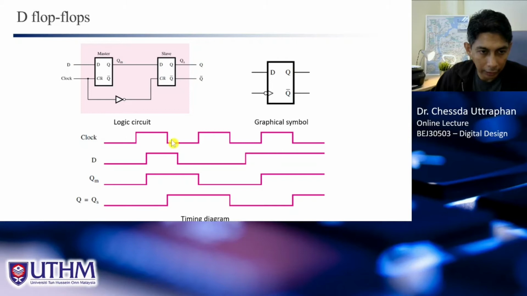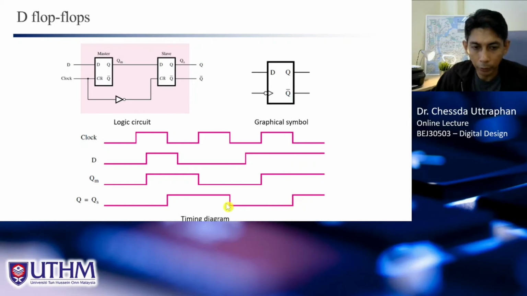But here at the negative edge of this clock, D equals 1, so here we see Q go up to 1. Here, positive edge, no, so it will remain 1 until the next negative edge here, and because D equals 0, it will go to 0. Here, look at the negative edge, because D equals 1, it will go up.